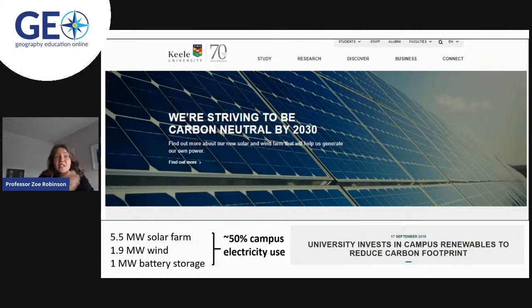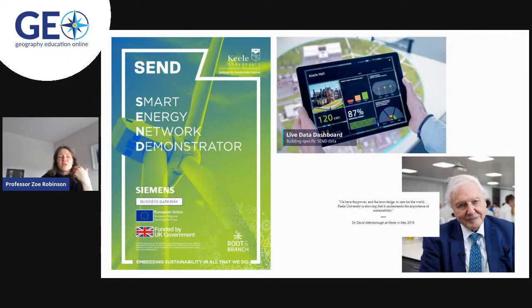There's some really exciting things happening at Keele. We have a new solar farm, two new big wind turbines and battery storage, which will be producing on our campus at Keele in the next few months. And what that has meant is that we have also invested significantly in what is called our Smart Energy Network Demonstrator.